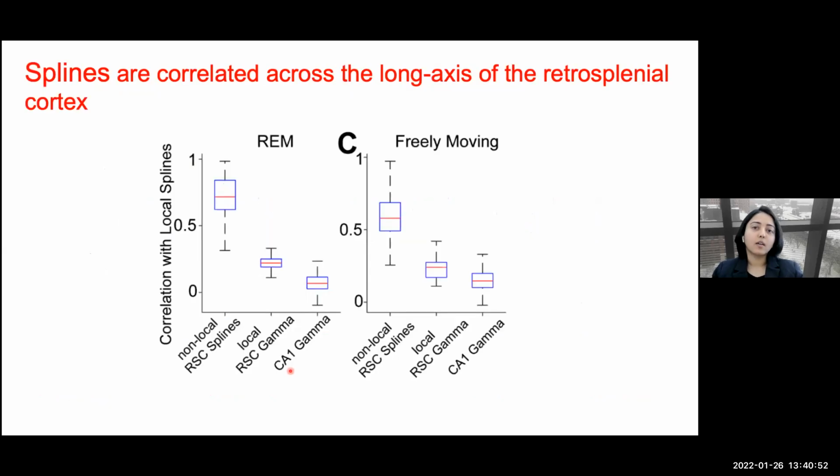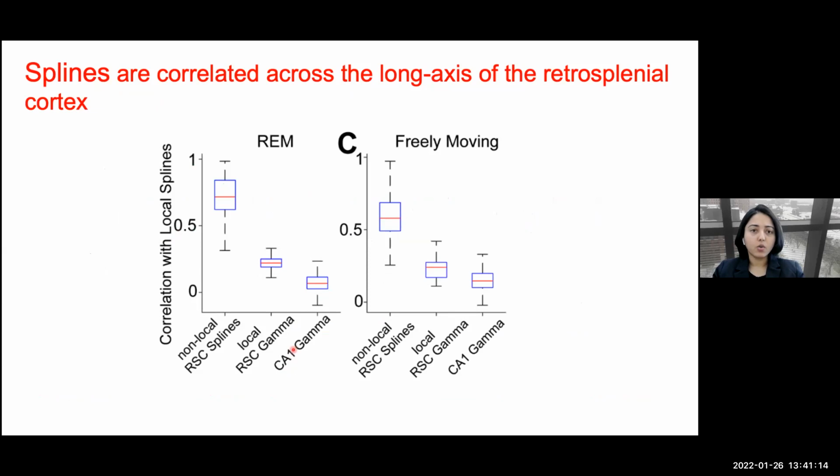Further, we saw that retrosplenial cortex spans about 6 millimeters in the rat brain. And so we saw that the splines are correlated across the entire long axis of the retrosplenial cortex. But the correlation with gamma in both retrosplenial cortex and hippocampus is low.